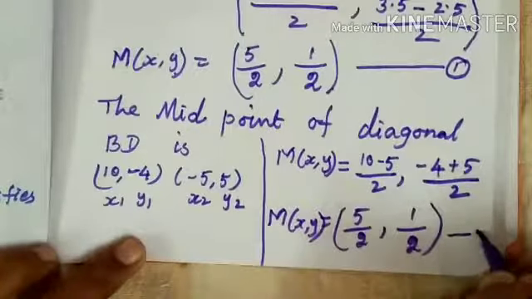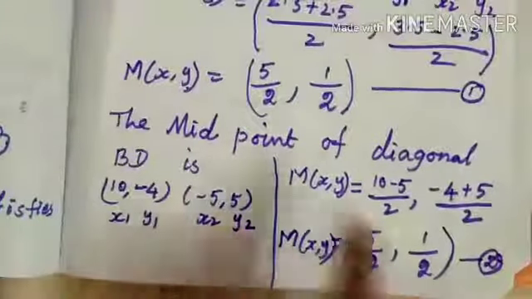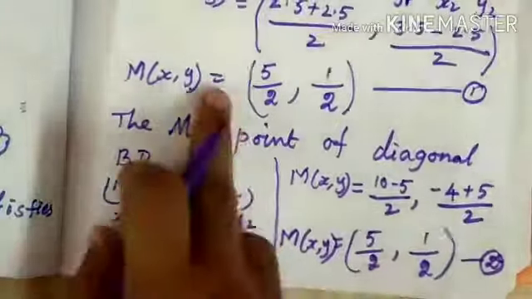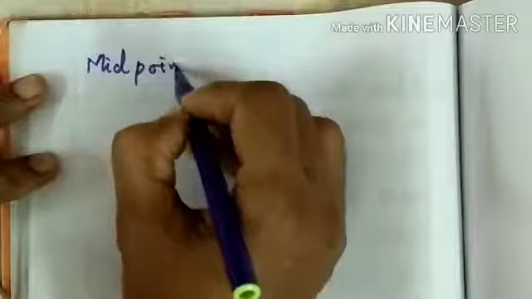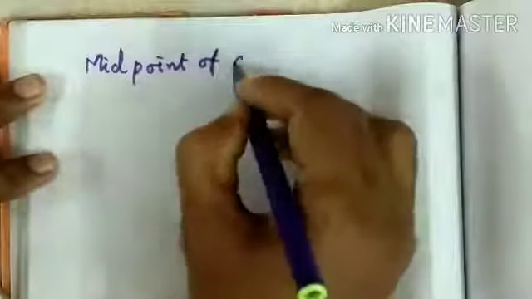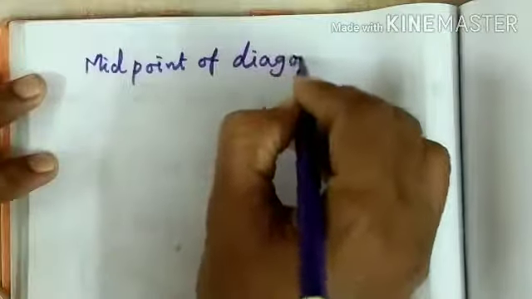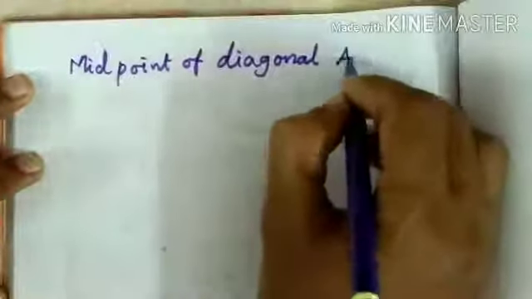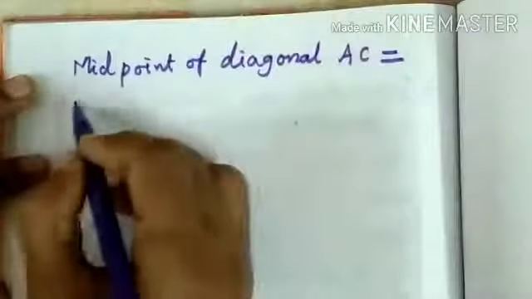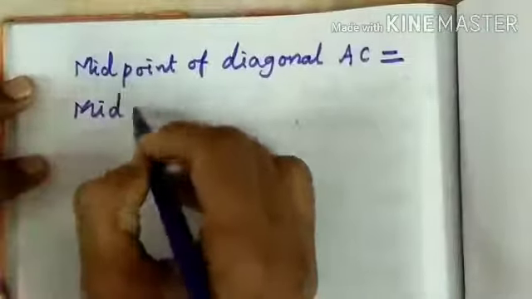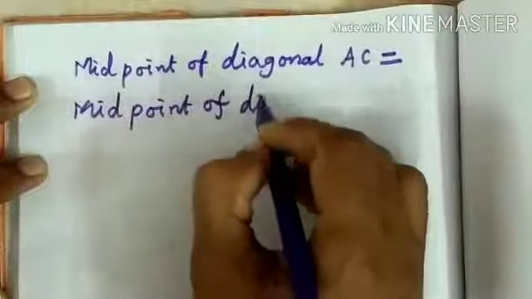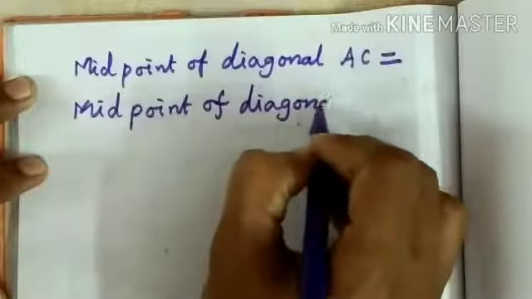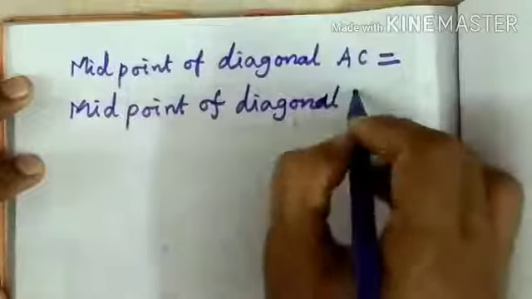This one you take as number 2. So, from 1 and 2 we get both diagonals' midpoints are equal. Therefore, the midpoint of diagonal AC is equal to the midpoint of diagonal BD.